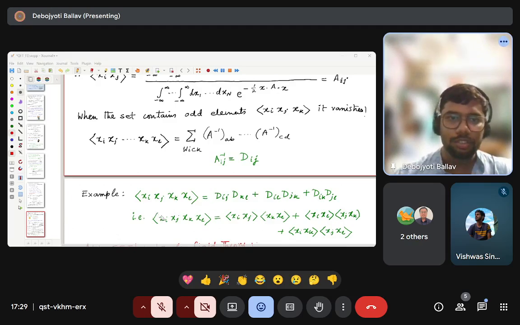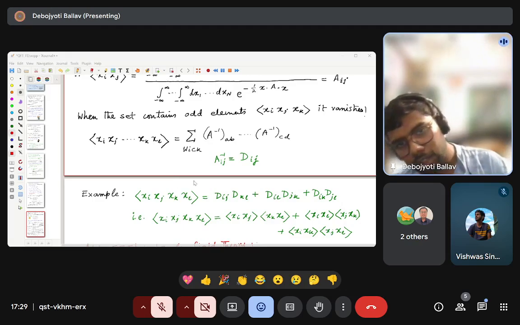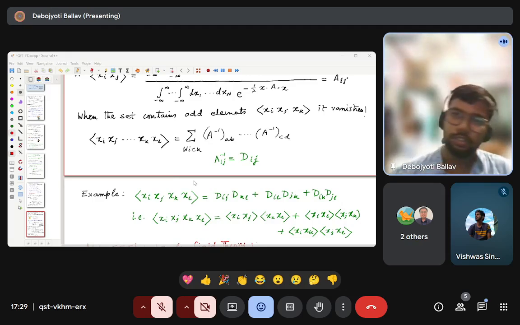So you just do the trick. You can connect xi with xj and xk with xl. Then you can connect the other two, and you can connect the other. So all possible contractions you will take from this, and that will give you this four-point correlator, xi, xj, xk, xl.